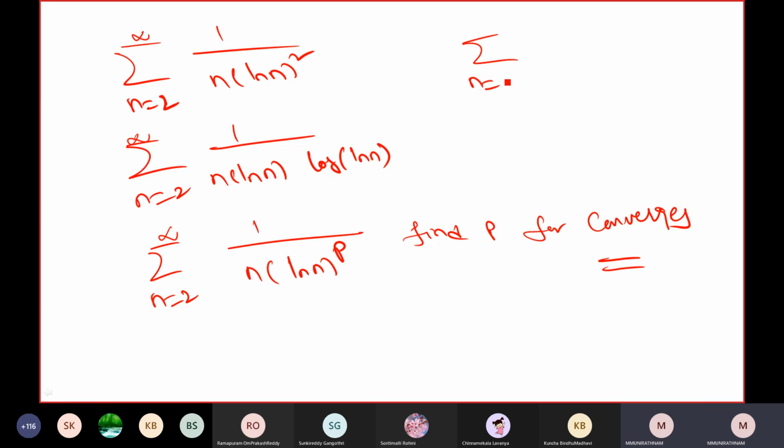If you want, you can do this problem also. Okay? So you can practice these problems.